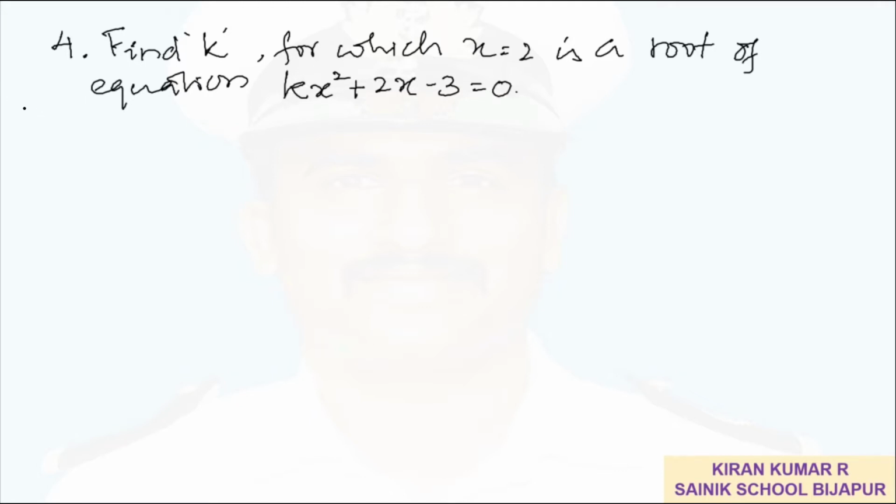We have learnt in our previous discussion, whatever the value of x is given, if it is a root, upon substitution the value should become equal to 0. So let me substitute x is equal to 2 in given equation.